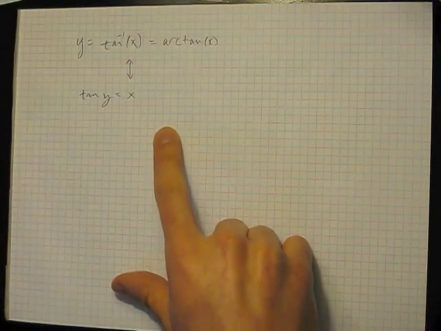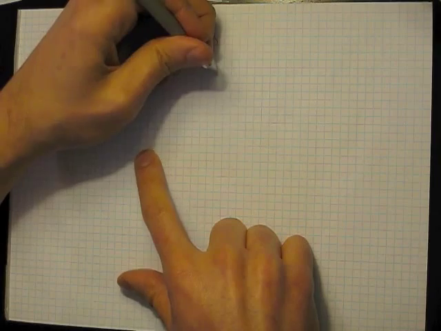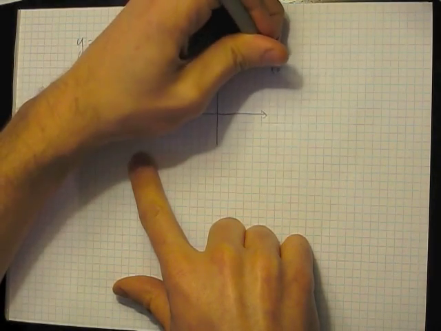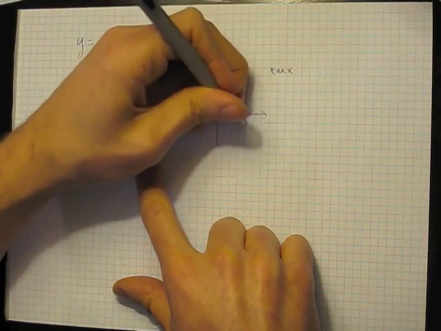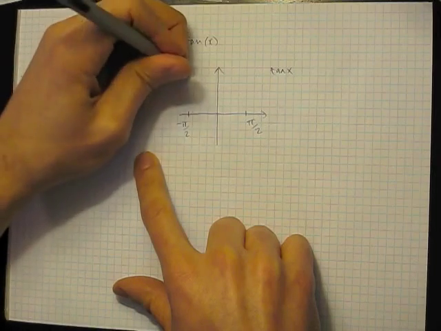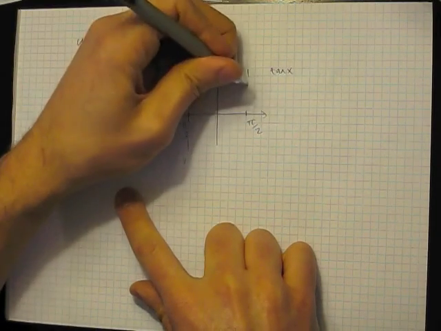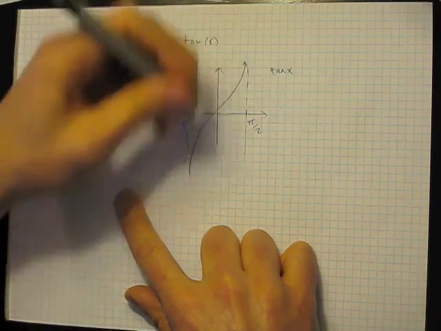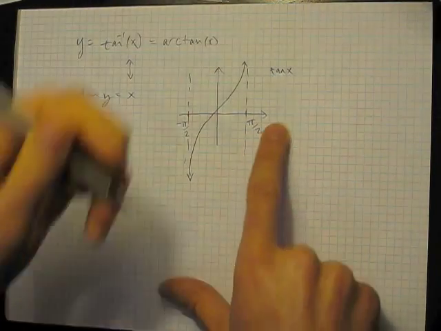Okay, the graph of tangent looks like this. So tangent of x has vertical asymptotes at minus pi over 2 and pi over 2, and it looks like this.